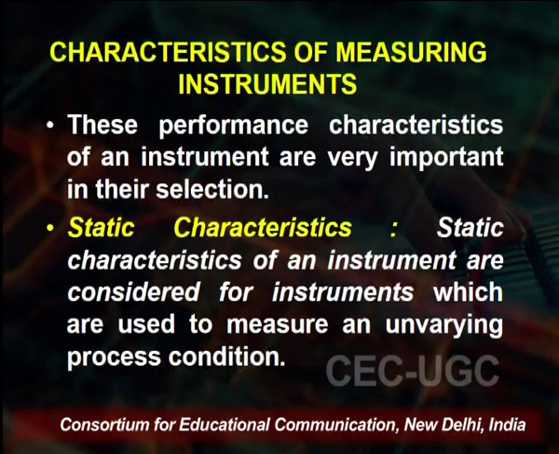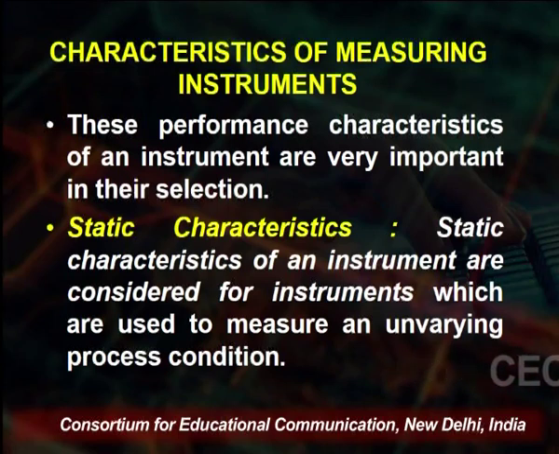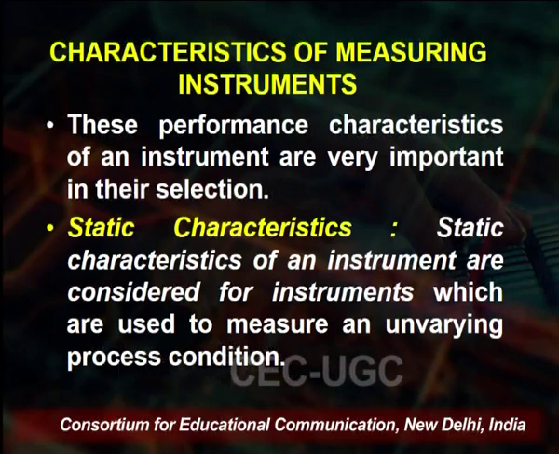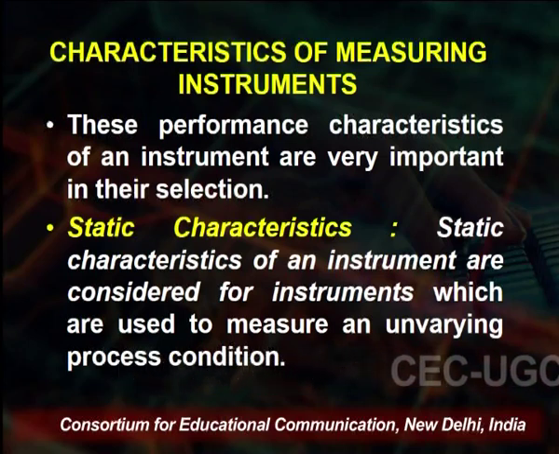The static characteristics of an instrument are considered for instruments which are used to measure an unvarying process condition. Unvarying means not changing, static, fixed. So, static characteristics measure an unvarying process condition, and the performance criteria based upon static conditions represent the static characteristics.